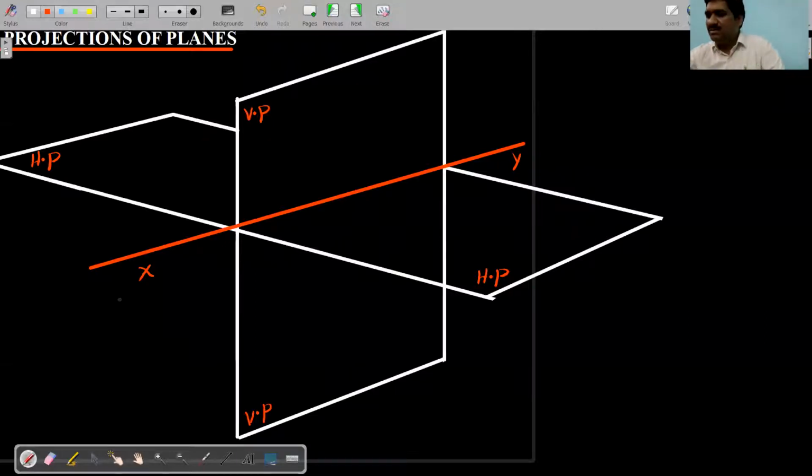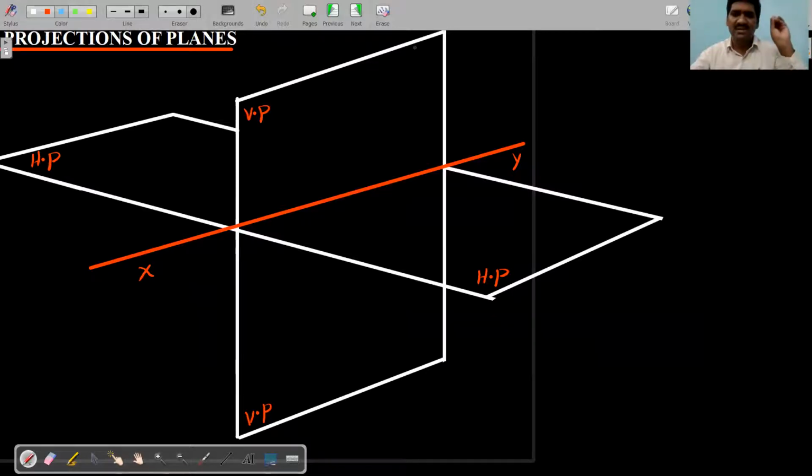So the first plane, all of you listen carefully. The first plane I am taking is a pentagon. I will draw the figure of the pentagon. You have to say to which plane it is parallel and to which plane it is perpendicular. I will repeat everything, no need to worry, some students are new in this class. This is a very important class.